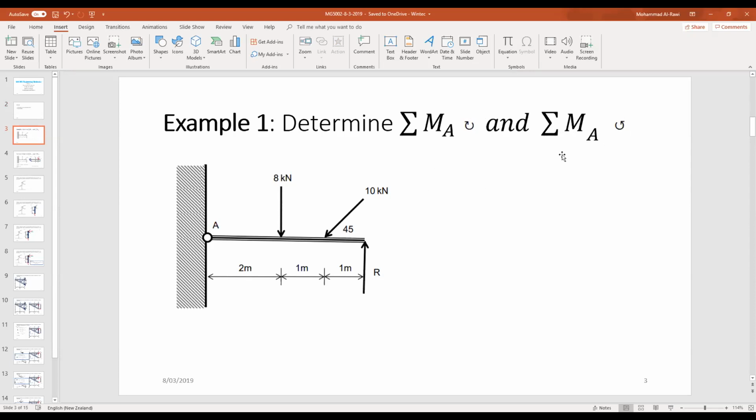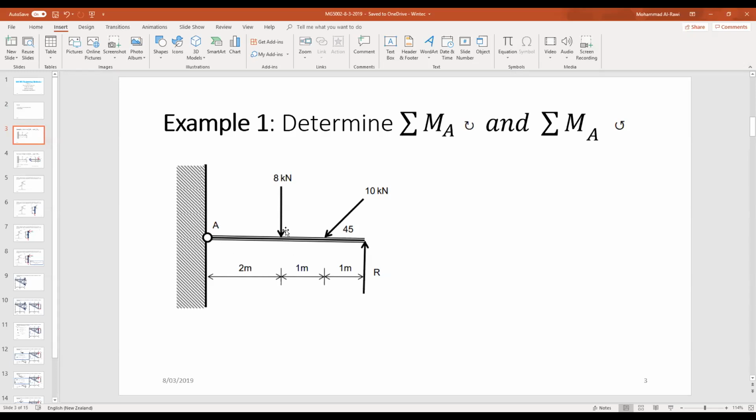So you have a beam, let's say this one, A, and this point ends, it's supported by 1 support reaction at this point, R. It's obviously supported at one end at A, so it's a fixed support.